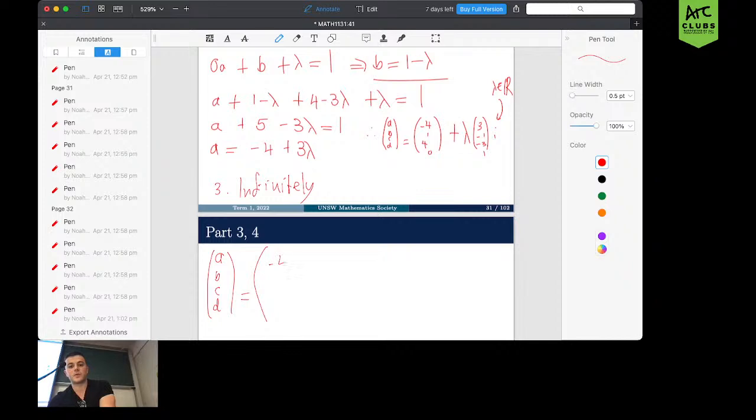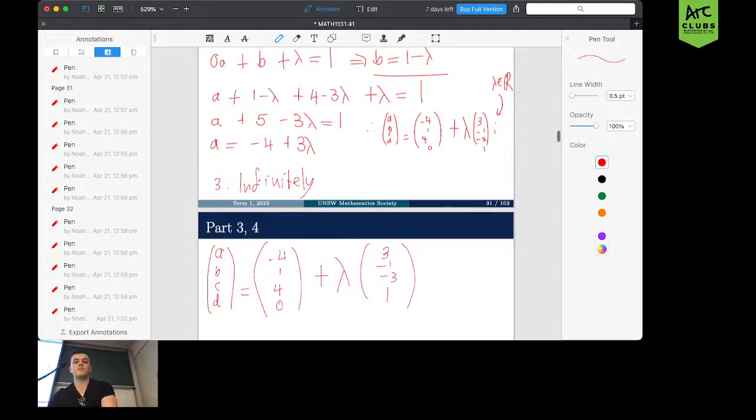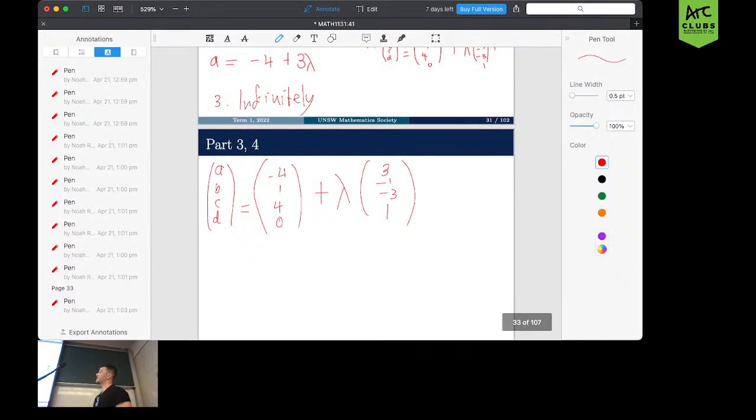So minus 4, 1, 4, 0 plus lambda times 3, negative 1, negative 3, 1. There's lots of different curves that can pass through any of these points. But why don't we just find a curve? So why don't we just let lambda equal some sort of arbitrary value? Set lambda equal to 1.